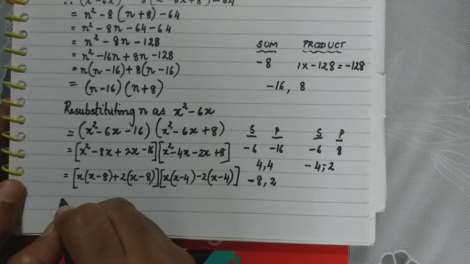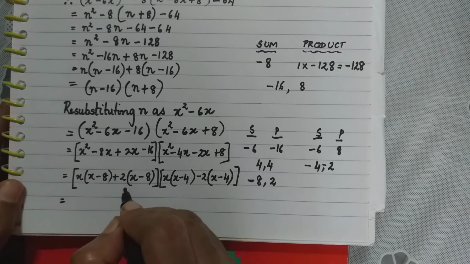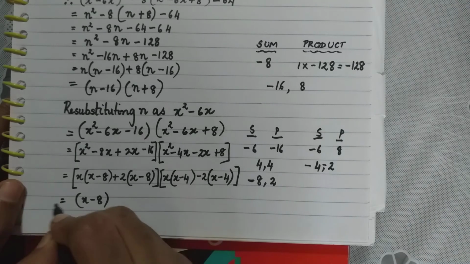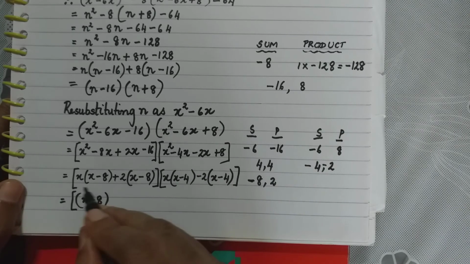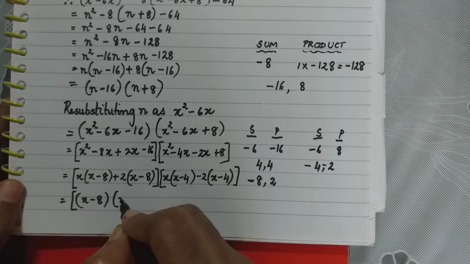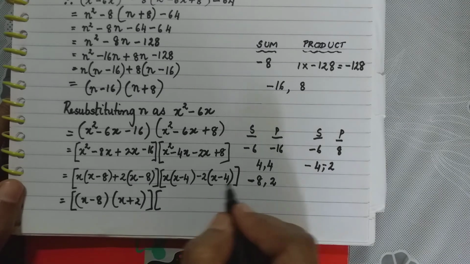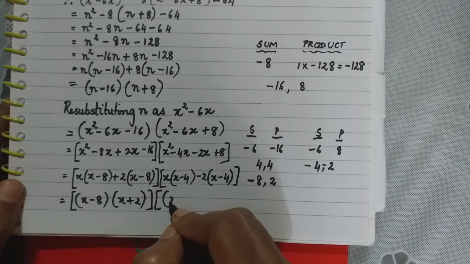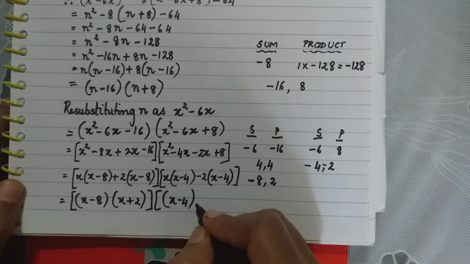Okay, so this is equal to, now look in this whole square bracket. What do we see common? X minus 8. Right? We put the square bracket. So you have x minus 8. Outside the brackets, what is left? X plus 2. So we write here x plus 2. Same way here now in this square bracket, what is common in these two terms? X minus 4. What is outside the bracket?